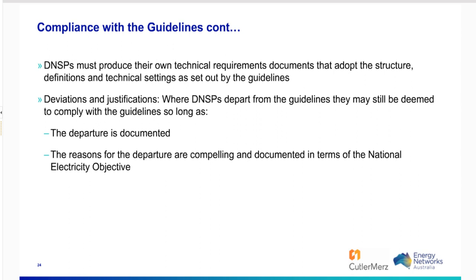Where a network decides to depart from the guidelines, they may still be deemed to comply so long as the departure is documented. So they'll need to document why they've made a change to the national guideline, and those reasons for that departure are compelling and documented in terms of the national electricity objectives. And they'll be assessed as part of our evaluation process on that annual basis.